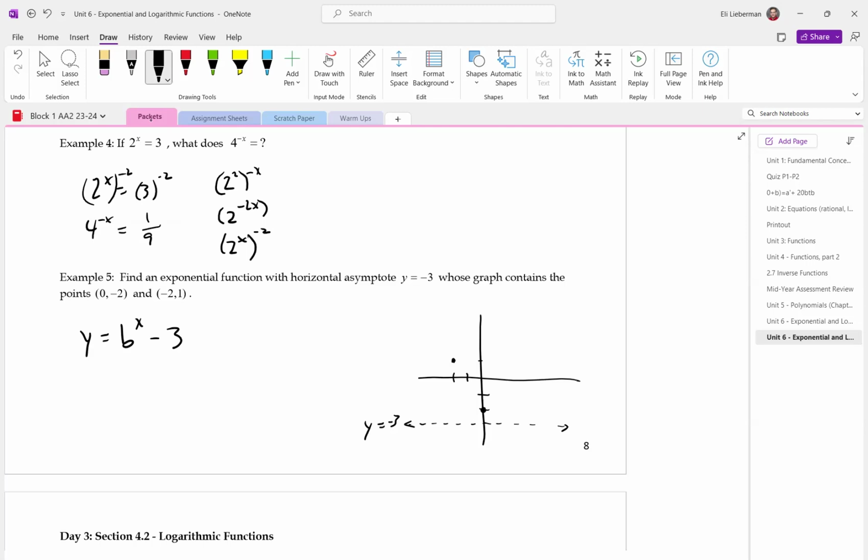We know that because that horizontal asymptote is y equals -3. So our goal is to figure out what is b. Should I use slope formula for this? Please only use slope formula for linear functions. Give me a moment to figure out how we are going to get b.